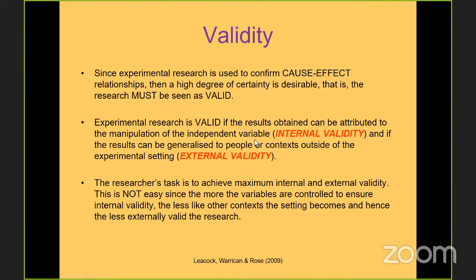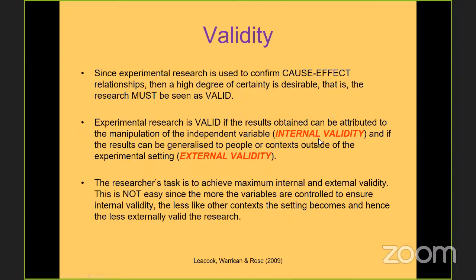Then there's this whole problem of, at the end of it, you get results and you want to know if the results are correct. So you have two important terms, validity and reliability. Validity basically means that the results are correct. There are two types, internal and external.